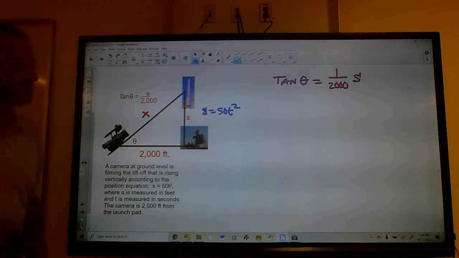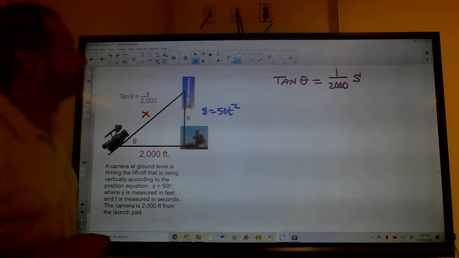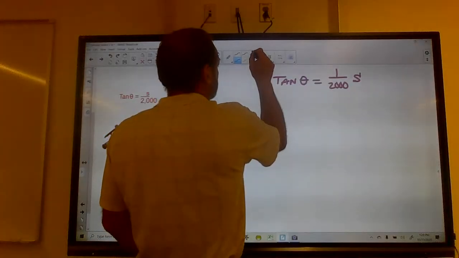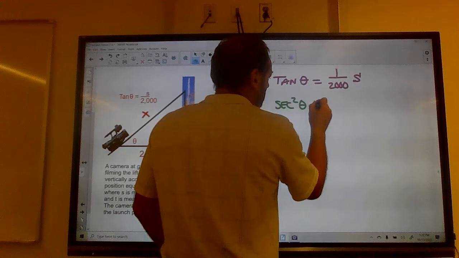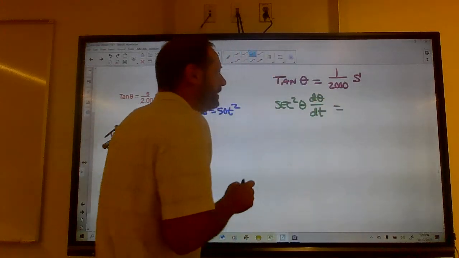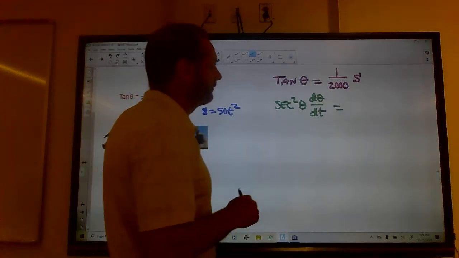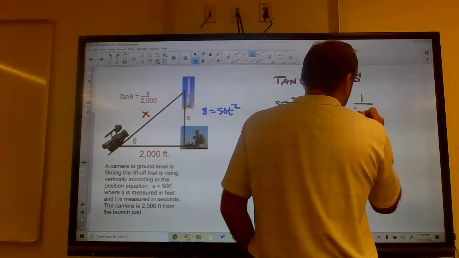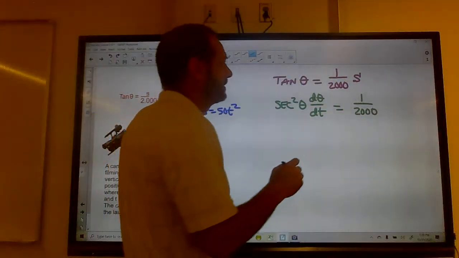That's the same as this. Now we're going to take the derivative. The derivative of tangent is secant squared times d theta/dt, and this is going to be 1 over 2,000 times ds/dt.